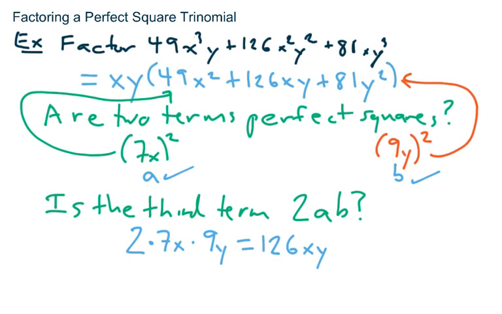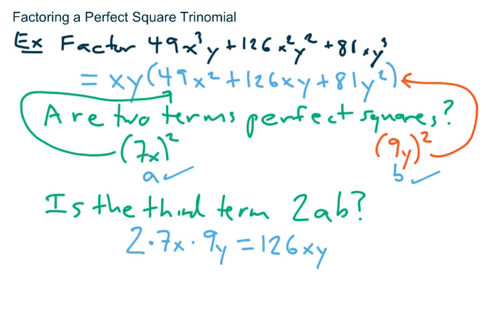If that is true, if that third term turns out to be the right one, then what you have is a perfect square trinomial. And we're going to look at exactly how that factors. If that third term is not what it's supposed to be, oh well, that just means you have to go back to trial and error or the AC method, the grouping method, and you keep on going as you would.